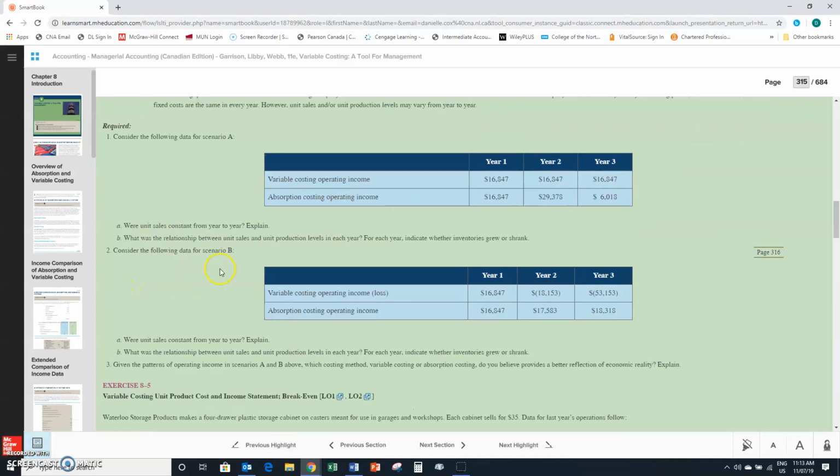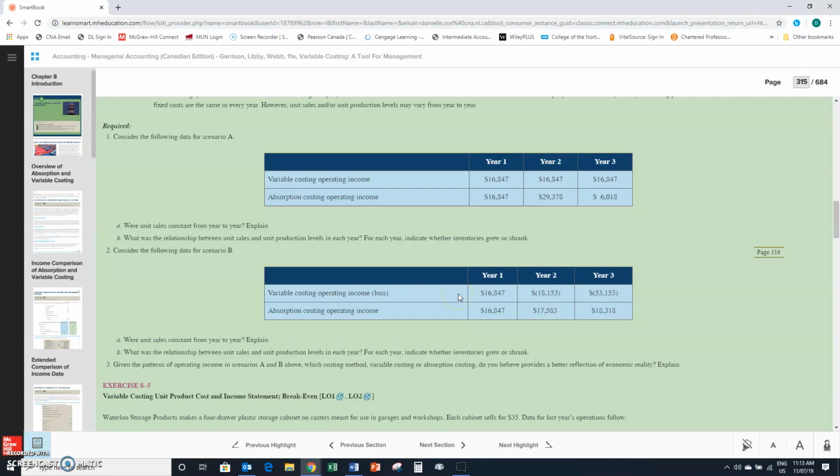the question, now in scenario B. Now our income under the variable costing method is decreasing. Absorption costing income is increasing. Were unit sales constant? If I'm asked a question on unit sales, I look to variable costing.